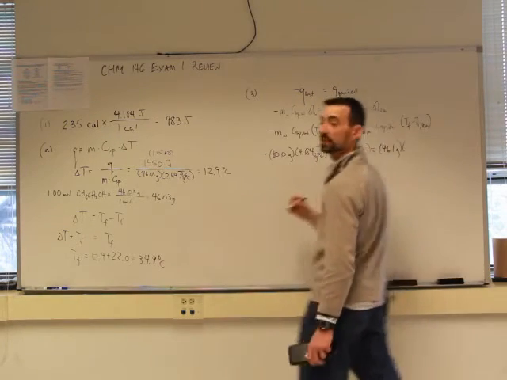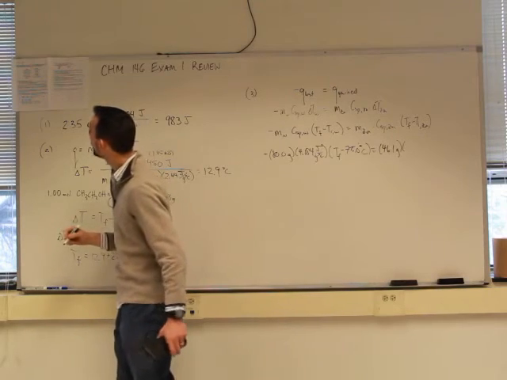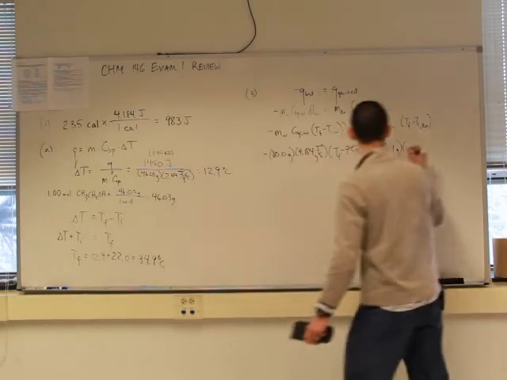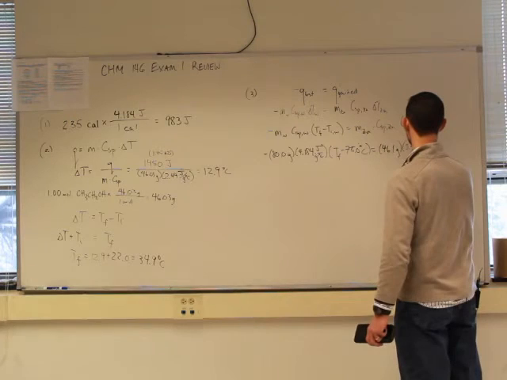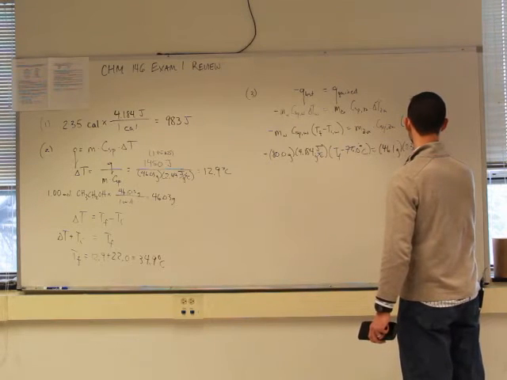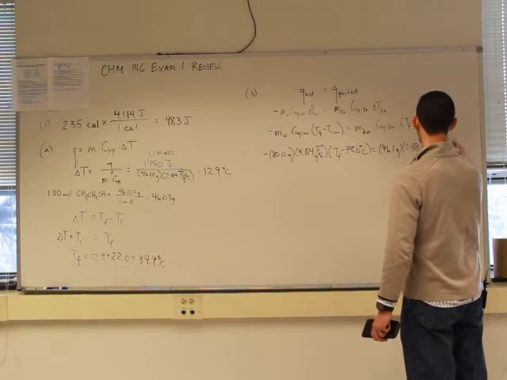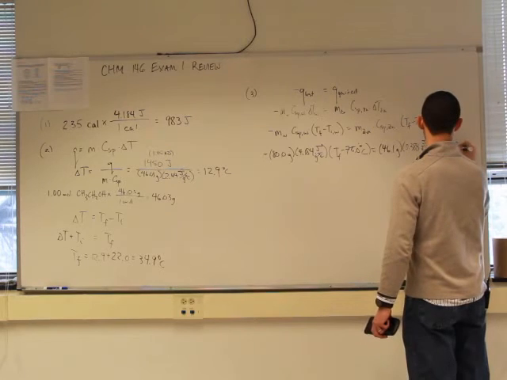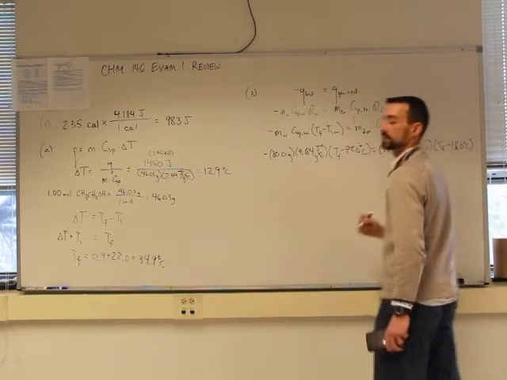The heat capacity of zinc is 0.388 joules per gram Kelvin or degrees Celsius. Again, T final minus, its initial temperature was 18 degrees Celsius.